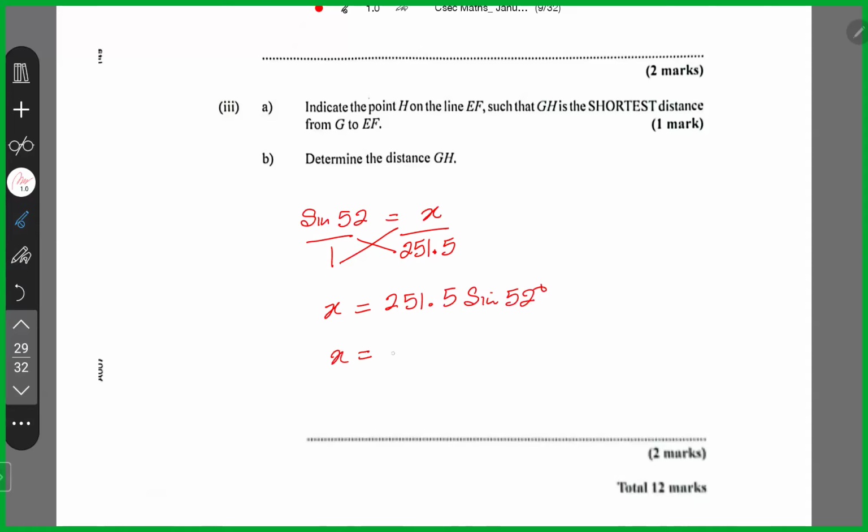X, which is GH, is equal to 198.2 kilometers. GH is 198.2 kilometers.